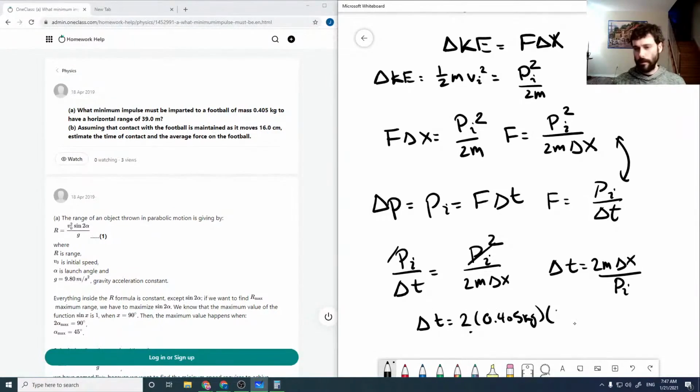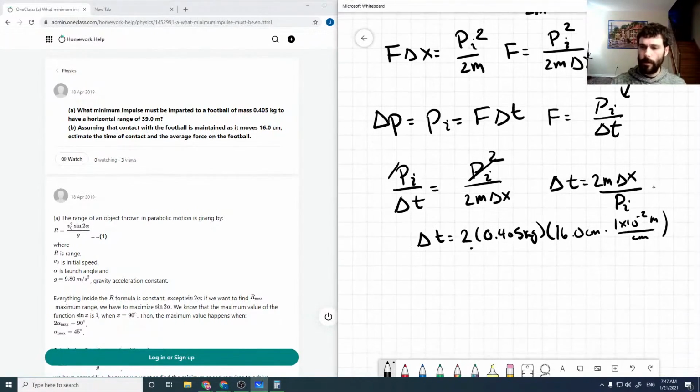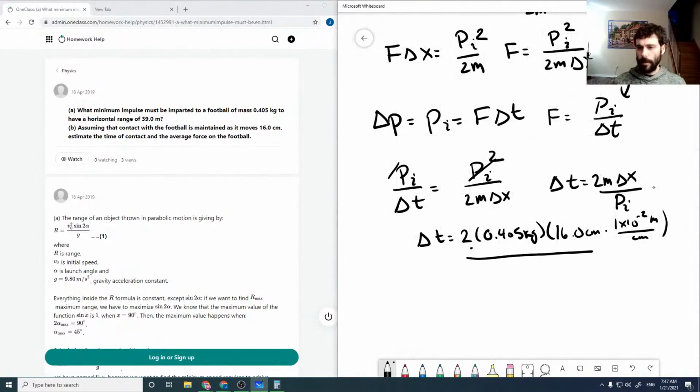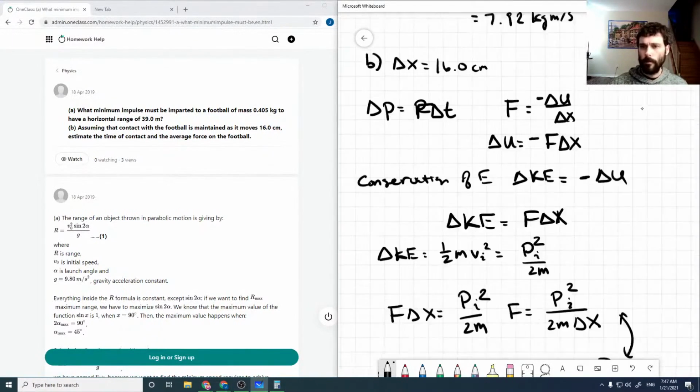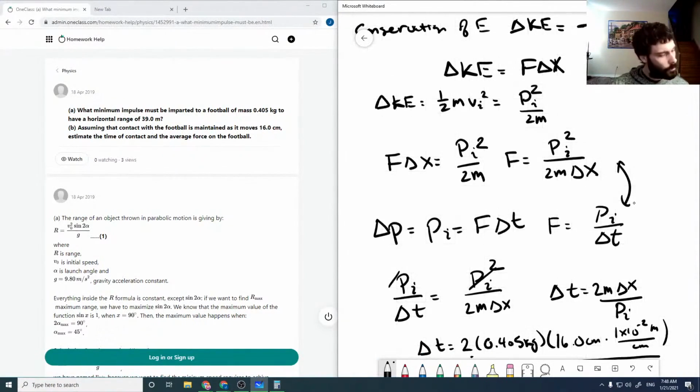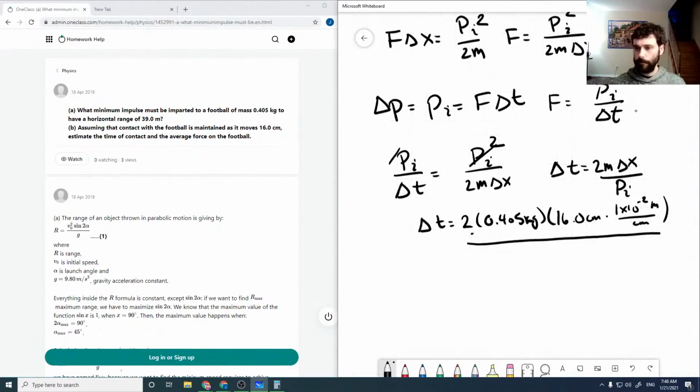So our delta X is 16 centimeters times 1 times 10 to the minus 2 meters per centimeter, to put it into the correct units, over our Pi that we just calculated, which was 7.92 kilogram meters per second.